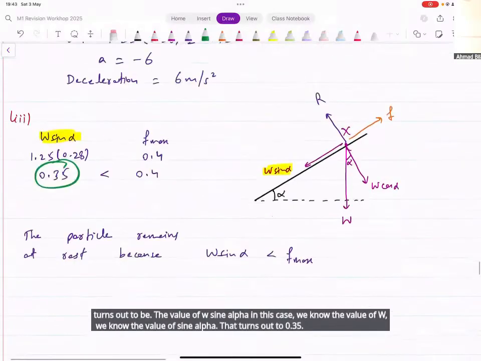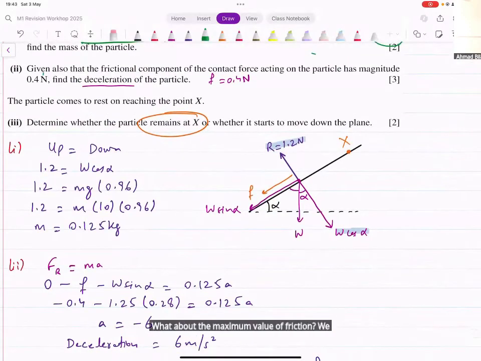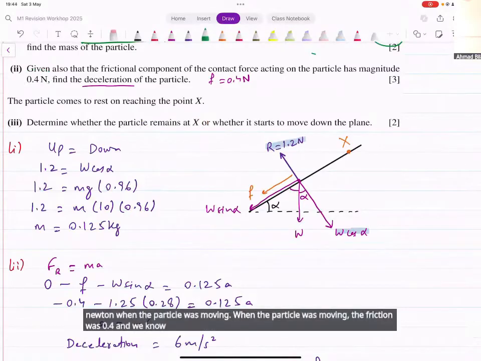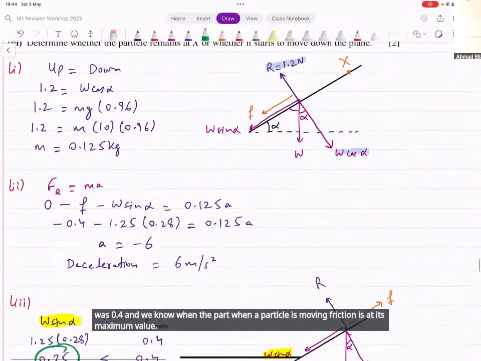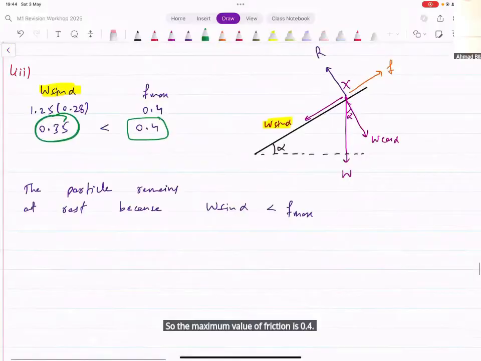What about F max, the maximum value of friction? We knew that the friction was 0.4 Newton when the particle was moving, and we know when a particle is moving, friction is at its maximum value. So the maximum value of friction is 0.4. So the weight component in this direction is 0.35 Newton.